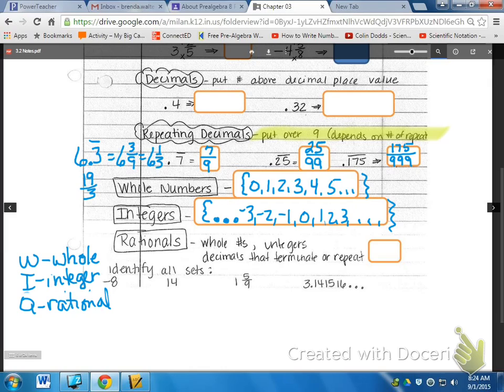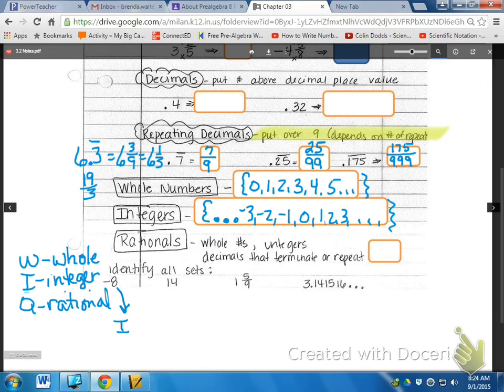If you're given the number -8, what set or sets do you think -8 belongs to? Trayton, what do you think for -8? Integer. Anything else? It's not a whole number, but if it's an integer, it's automatically what?